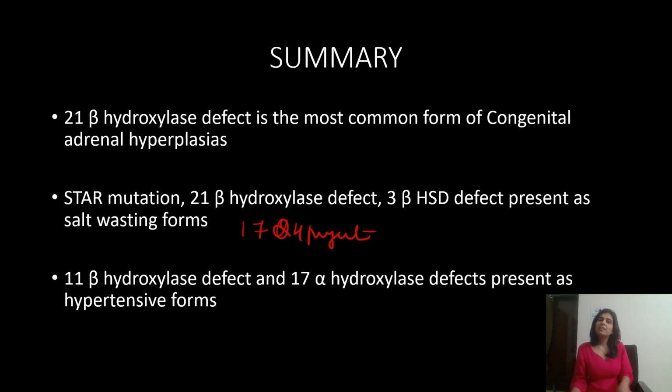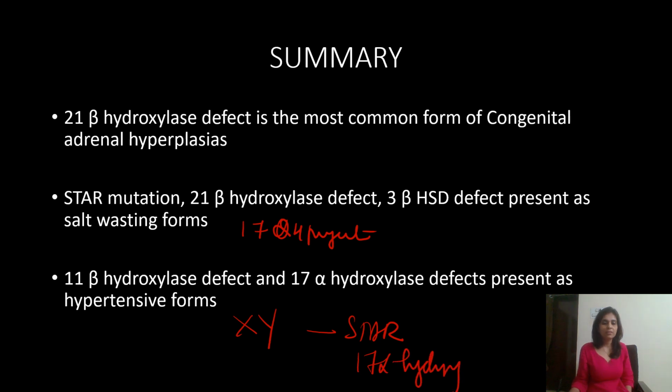Whereas 11-beta hydroxylase defect and 17-alpha hydroxylase defects present as hypertensive forms. And if you are asked which of these conditions present as male pseudo-hermaphroditism, wherein genetic XY male is reared as a female, there are two possibilities. One is star protein defect and the other one is 17-alpha hydroxylase defect.